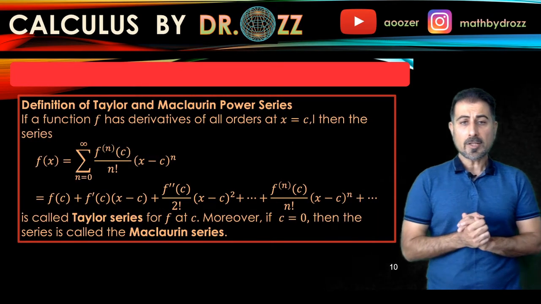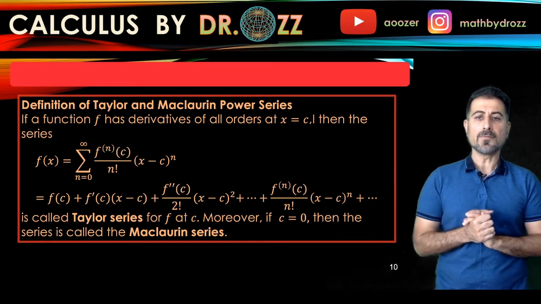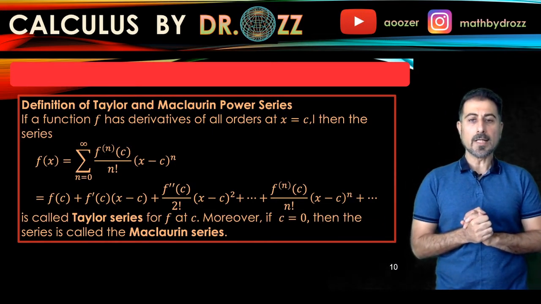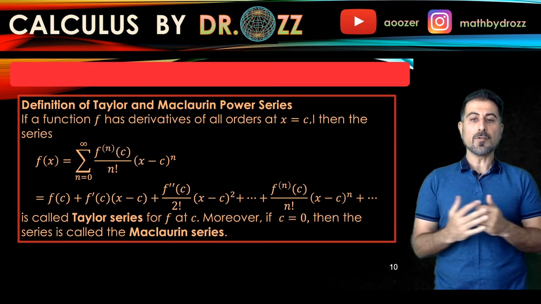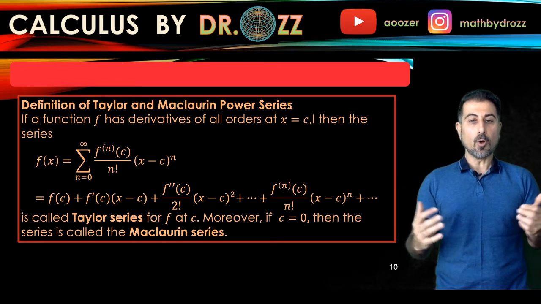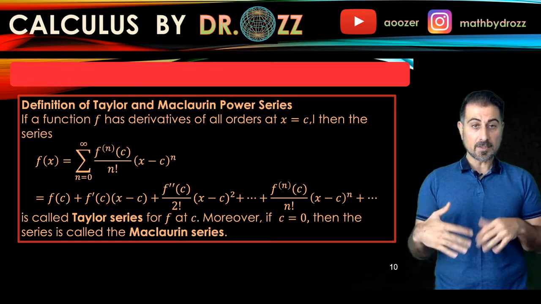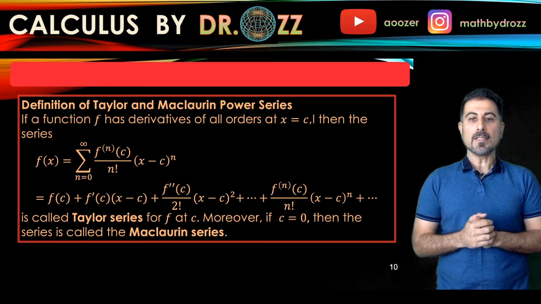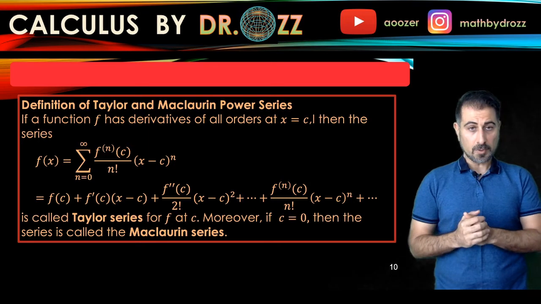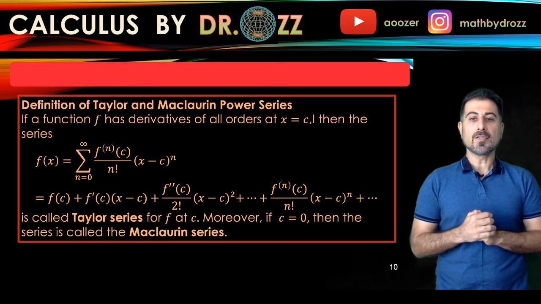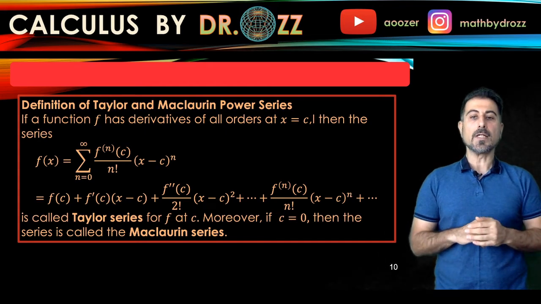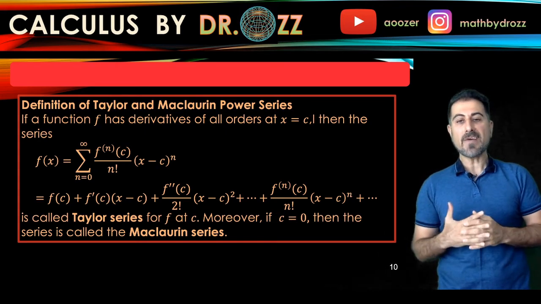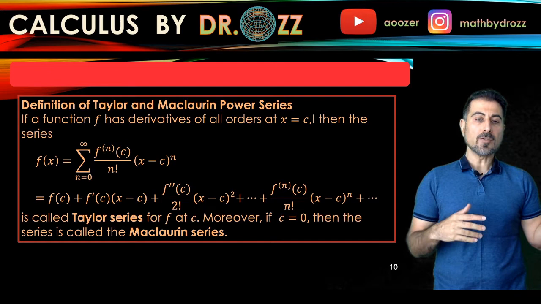The second thing I want to share with you today is the definition of Taylor and Maclaurin power series. Let's say you have f and the derivatives of f at all orders at the given center, x equals c. Then the series, which I just showed you in the previous slide, is written explicitly in that form: the nth derivative evaluated at c divided by n factorial times (x minus c) to the power of n.